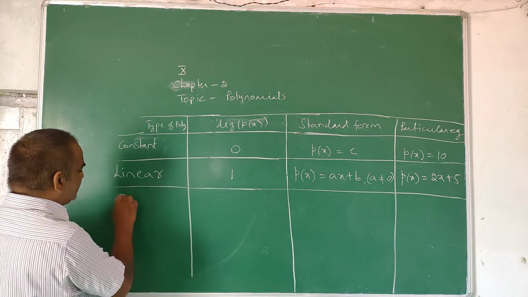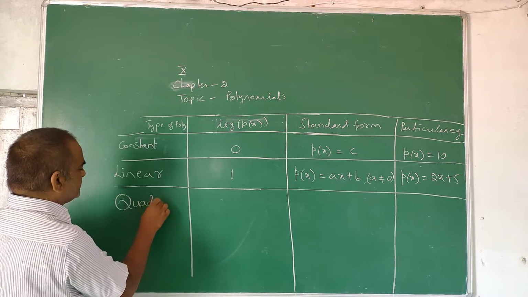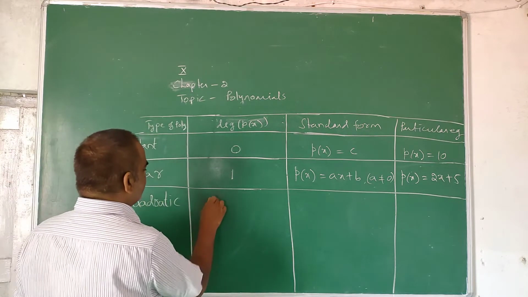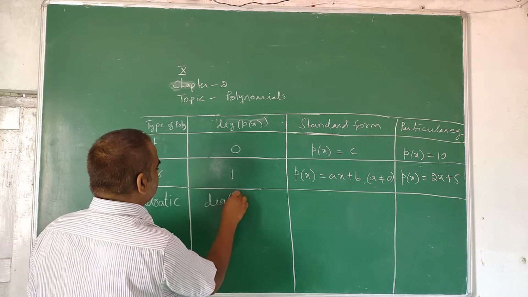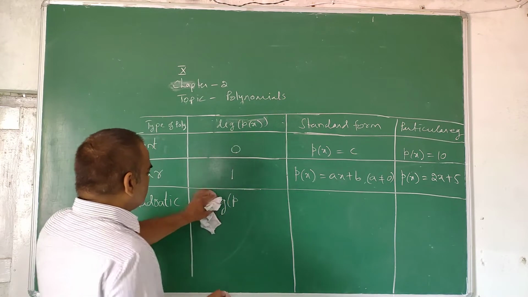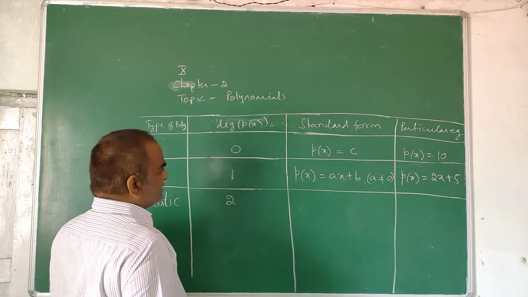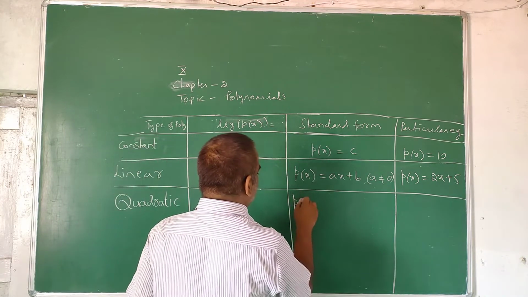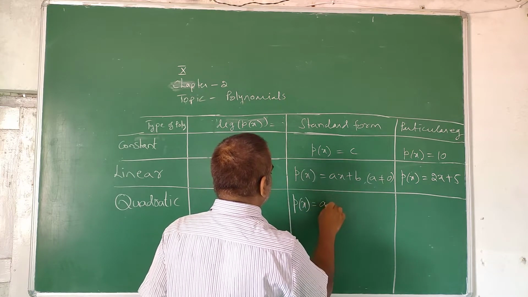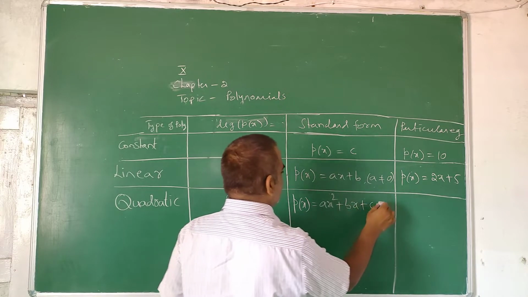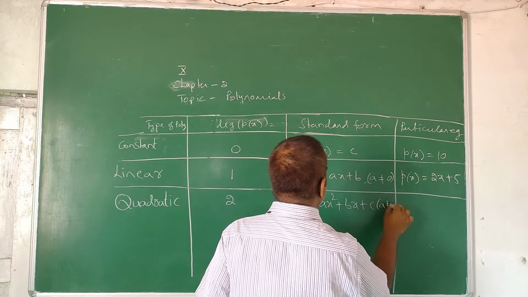Next, quadratic polynomial. The degree of a quadratic polynomial is 2. The standard form of a quadratic polynomial is ax square plus bx plus c, where a is not equal to 0.